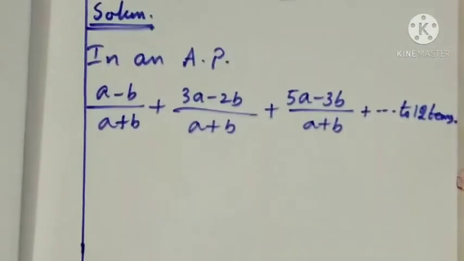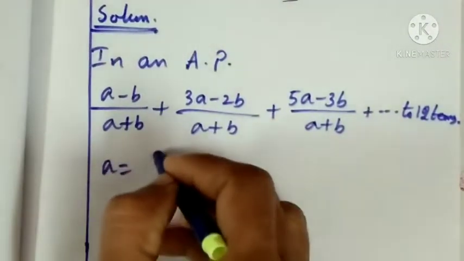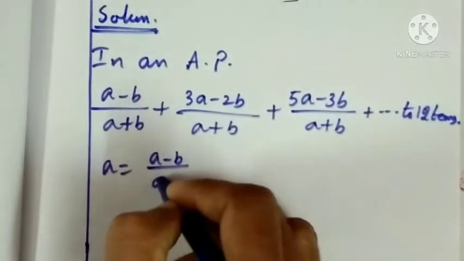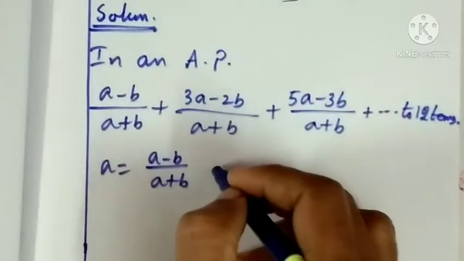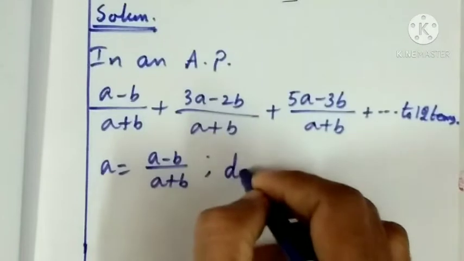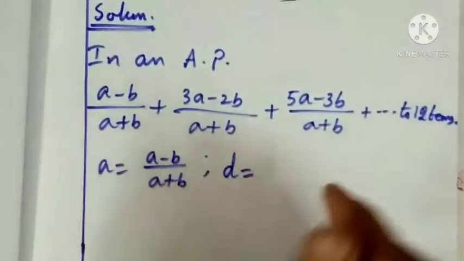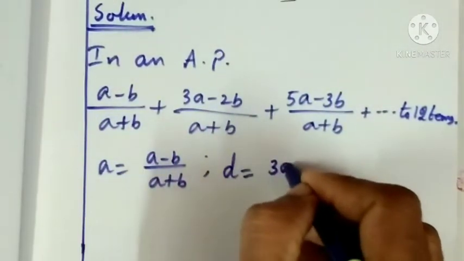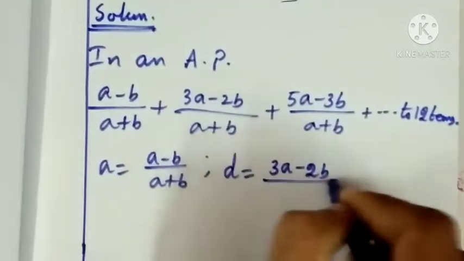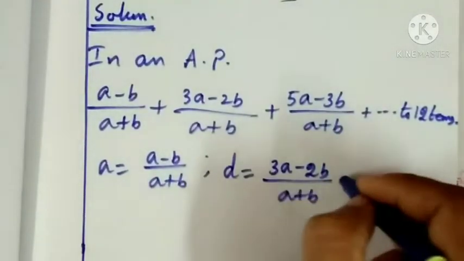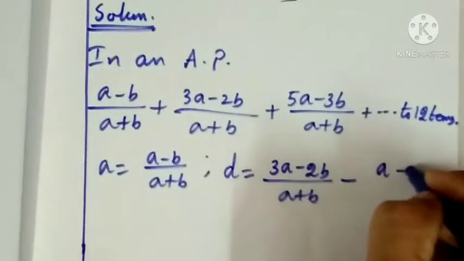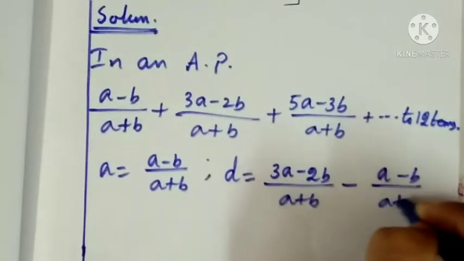Here we know that a is equal to a minus b by a plus b and d is equal to T2 minus T1, that is 3a minus 2b by a plus b minus a minus b by a plus b.